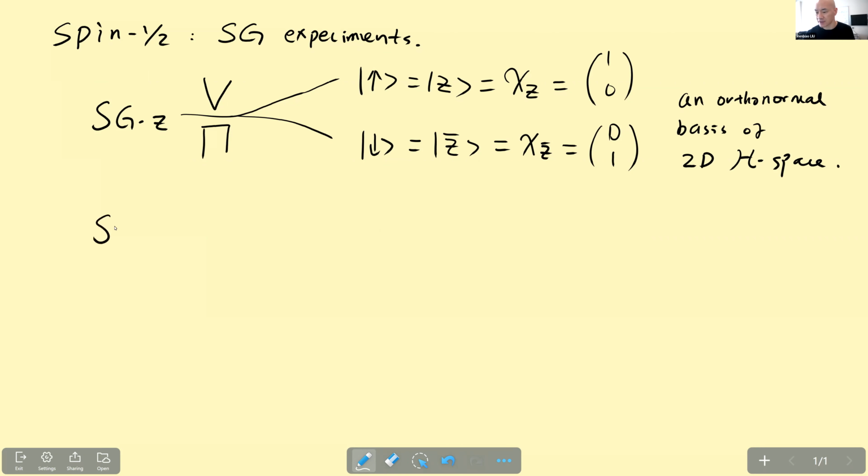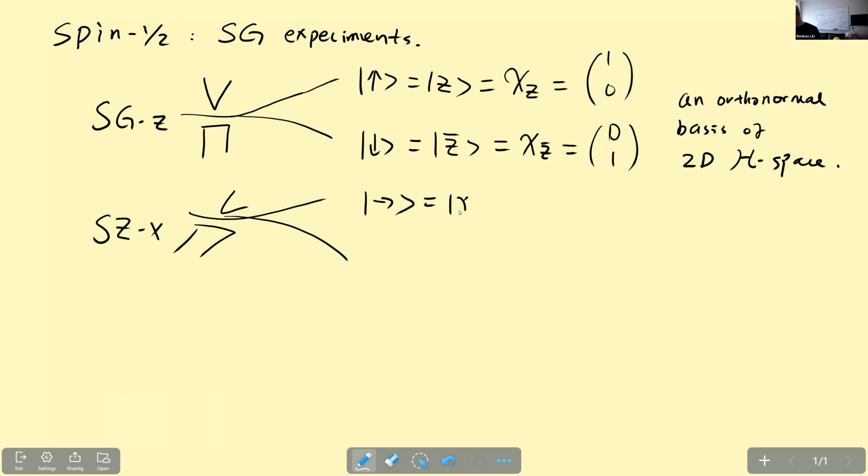But you can also have the SGX, for example. This will also give us two possibilities. One is called spin right, or in the x direction, and this can be written as a superposition of the spin up and spin down states.